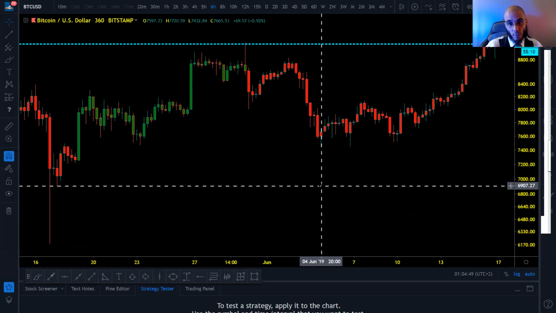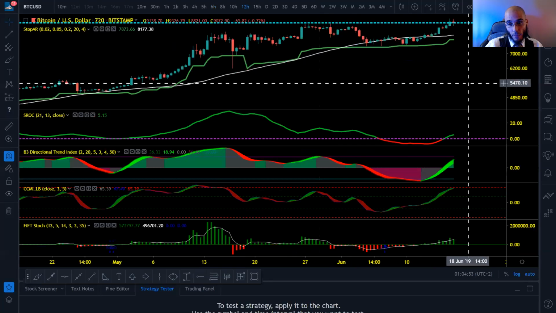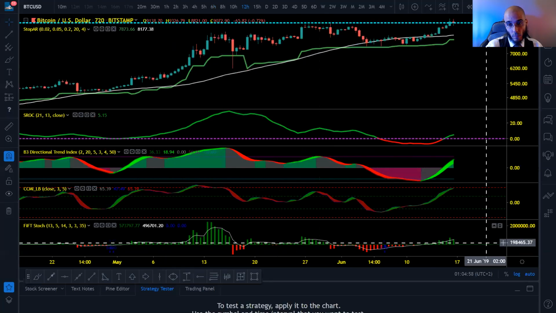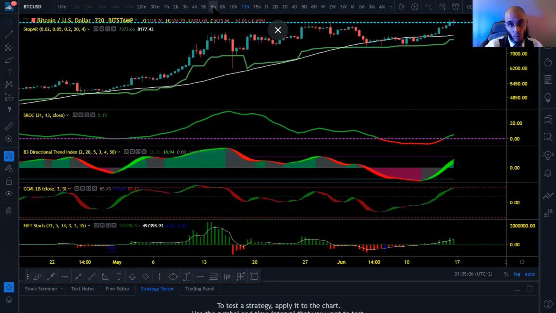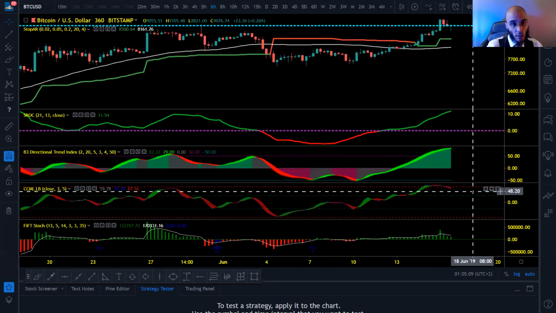Next. Here we are all positive. On the 12 hour, but if I start with short time frames, I should start with the 6 hour. 6 hour, that one is negative.